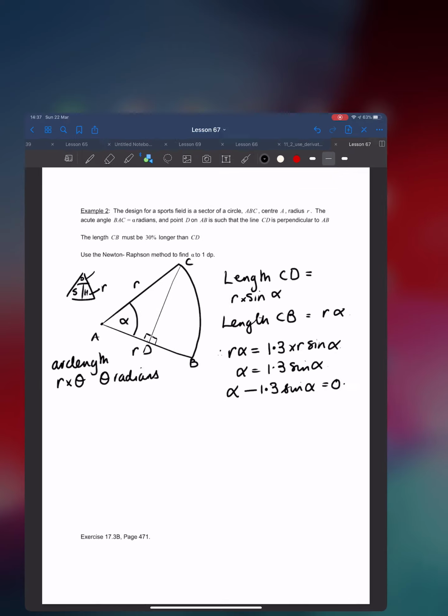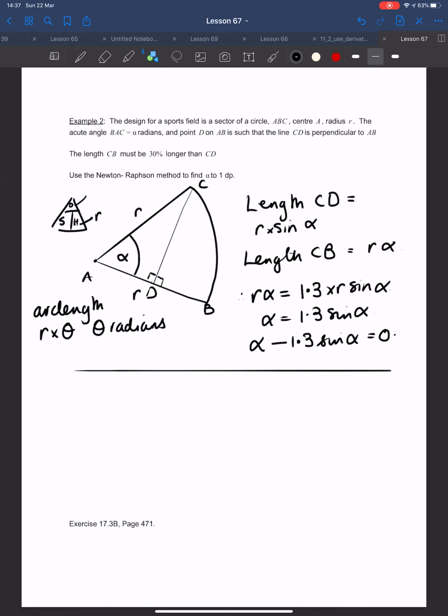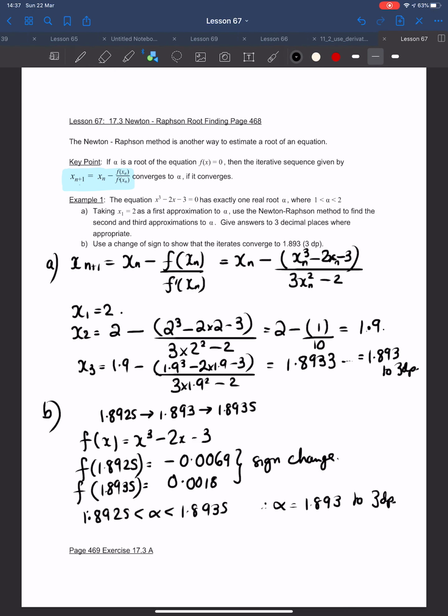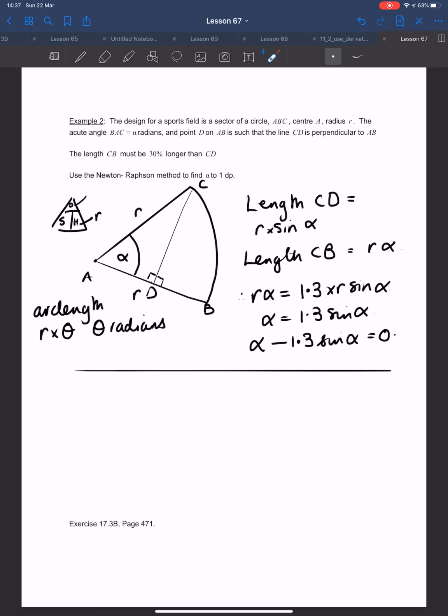And that's what we've got to use for the Newton-Raphson. So the Newton-Raphson formula: xn plus 1 is xn minus f of xn, all divided by f dashed of xn.